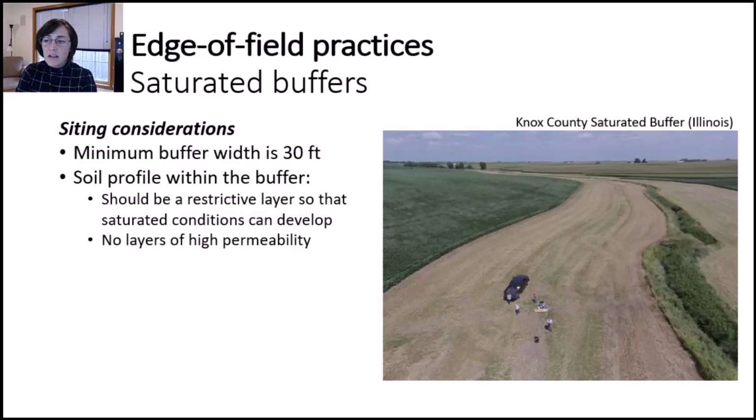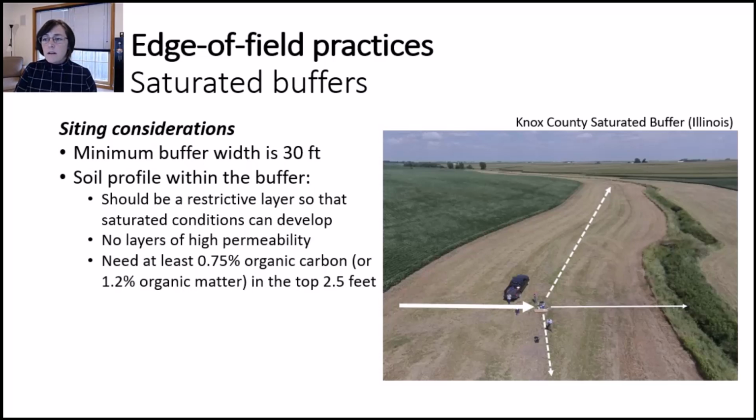For that you need an anaerobic zone to develop, which means it's helpful to have a real tight restrictive layer so that you get a perched water table, so that you allow conditions for denitrification to develop. On a similar vein, you don't want a layer of gravel or sand in your soil substratum. You don't want any layer of high permeability, because when water hits that, it's going to shoot straight out to the creek, and you want water to stay in the buffer soil long enough for those denitrifiers to do their job.